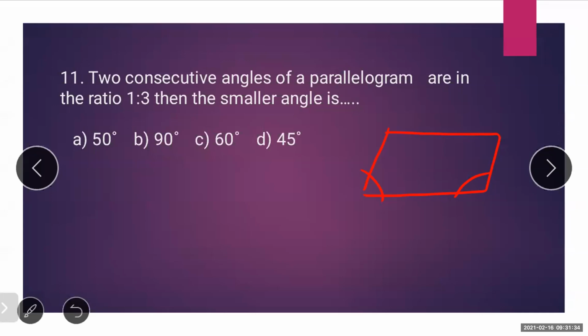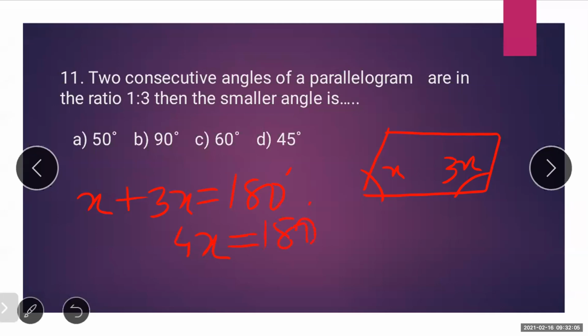So if I say this is x and this is 3x, let us see, x plus 3x is equal to 180 degrees. Why? Because the adjacent or consecutive angles of a parallelogram are supplementary. So x plus 3x will give you how much? 4x is equal to 180 degrees.